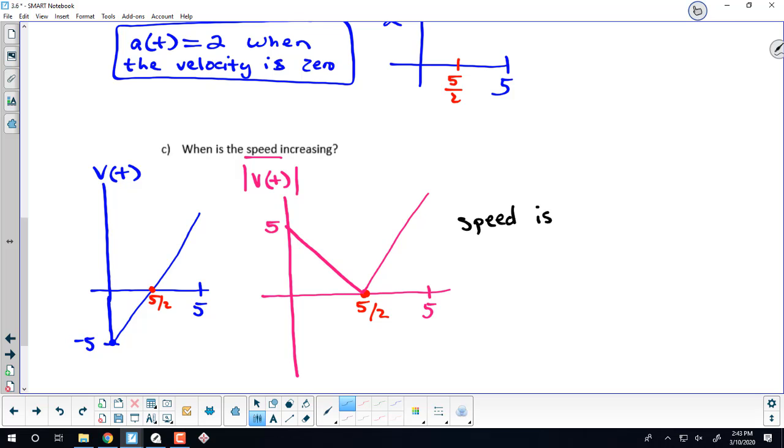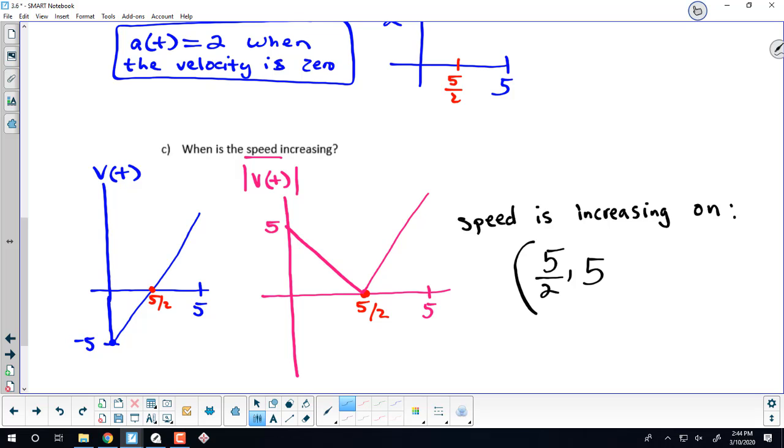Speed is increasing on the interval from 5/2 to 5. Do y'all agree with that? 5/2 to 5. Are we including 5/2? No. Are we including 5? Yeah.